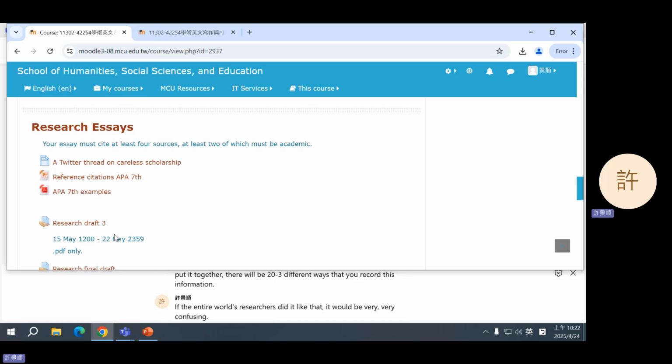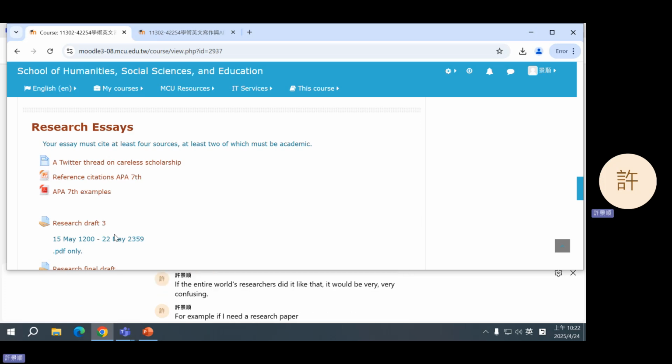For example, if I read a research paper and the author uses another person's ideas, I should be able to find that person's results. I should be able to find that person's original work and to see if this author is accurately reading that person.